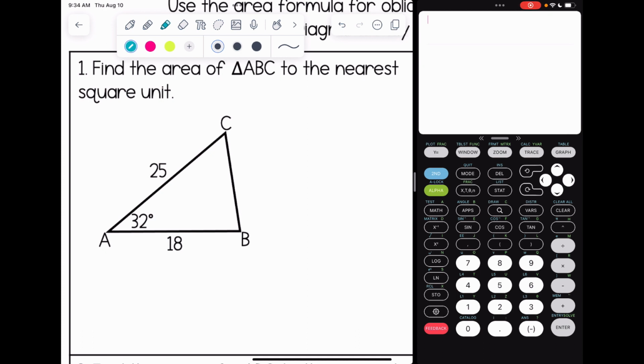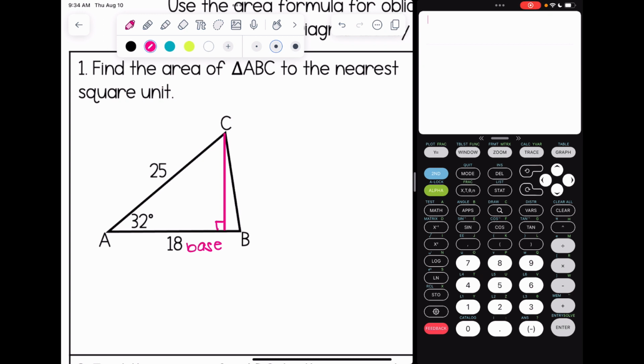The base of that triangle is 18, but the height is not 25. That's a common misconception, because the height must be perpendicular to the base. The height of this triangle is this piece that I'm going to draw in, and I'll show it's the height by drawing in a little right angle, indicating that those are perpendicular.